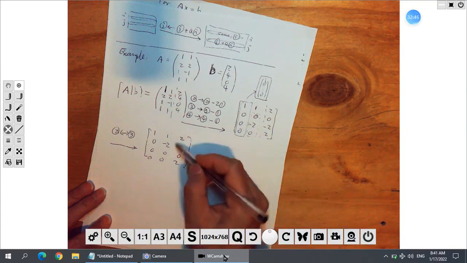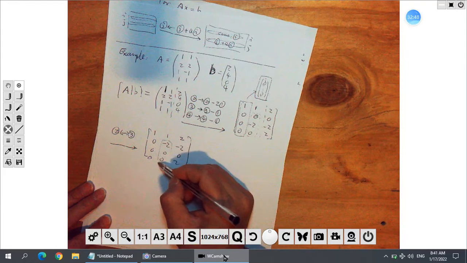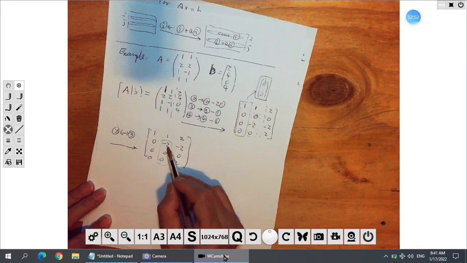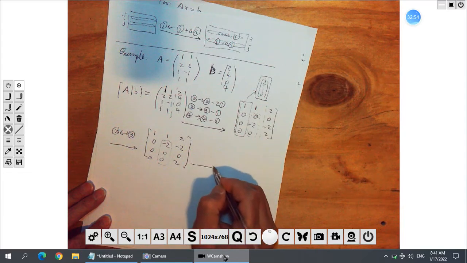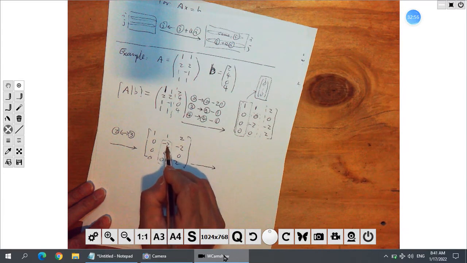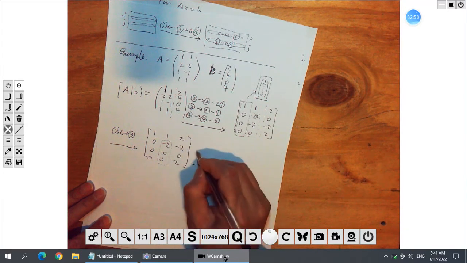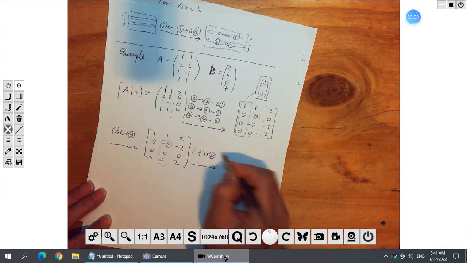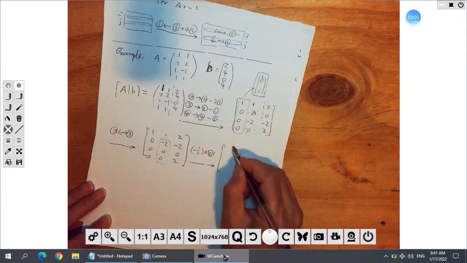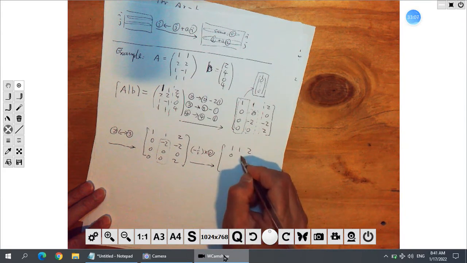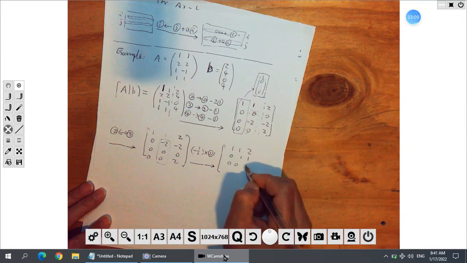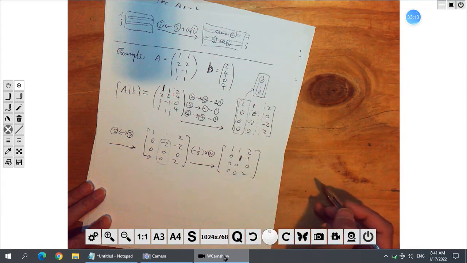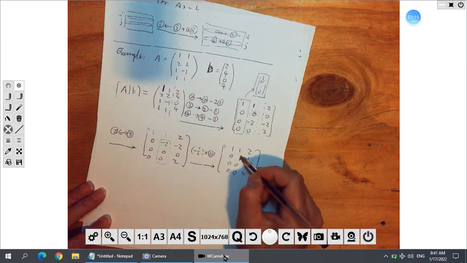We want this part to be 1, then followed by some 0, but now it's negative 2. The only thing we want to do here is divide it by negative 2, so negative 1 over 2 times the second row. So we get 1, 1, 2, 0, 1, 1, 0, 0, 0, 0, 0, 2. Okay, this one is also done.